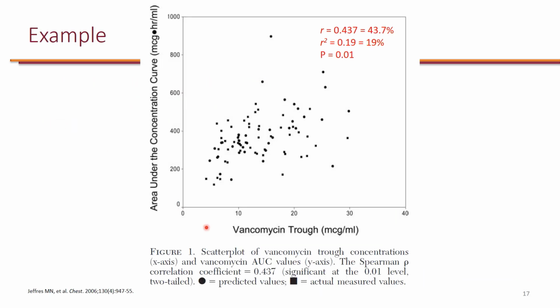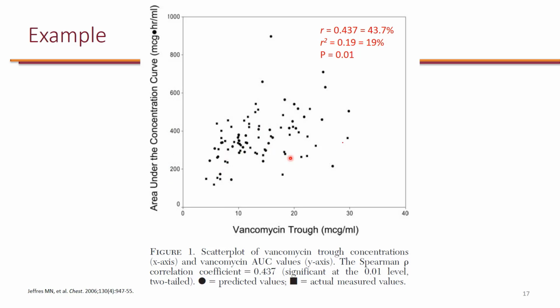So in this study, vancomycin is an antibiotic. So they were looking to see if there's a correlation between vancomycin trough levels and AUC. So on the x-axis, they are showing you the different vancomycin troughs, and on the y-axis, they're showing you the area under the concentration curve.